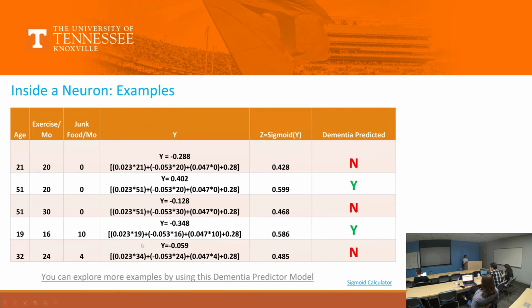My point in bringing this small exercise was that you see on your screen you have a variety of numbers: minus 0.2, 0.4, 0.128, 0.34, 0.059. If you plot these numbers, there's not a clear boundary where you will take your decision.